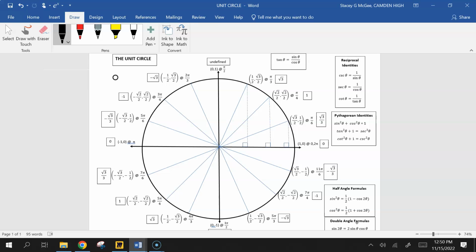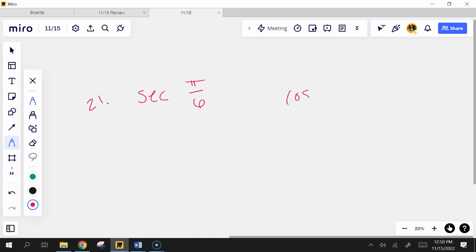All right, so what did we say? Secant of pi over 6? Secant is 1 over cosine. So cosine of pi over 6 is root 3 over 2, right? So the secant of pi over 6 would be 2 over the square root of 3.